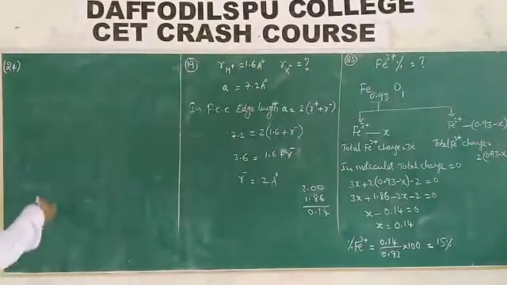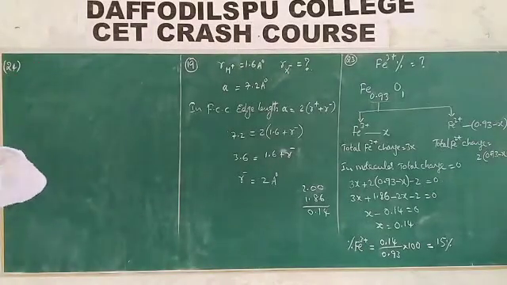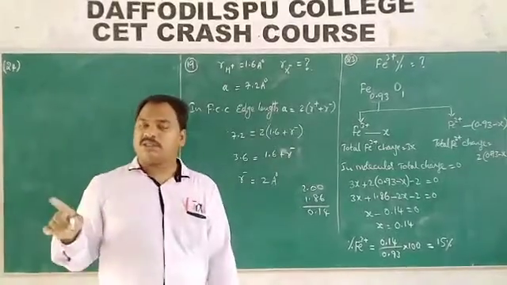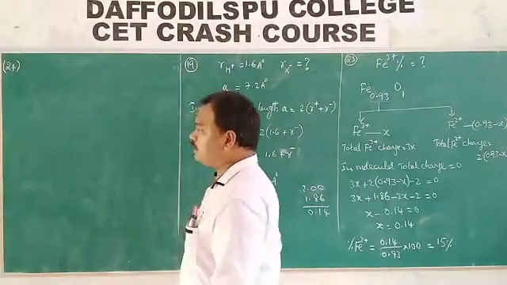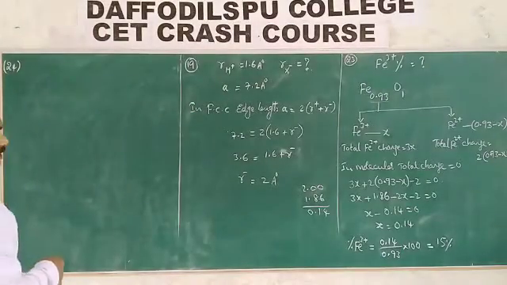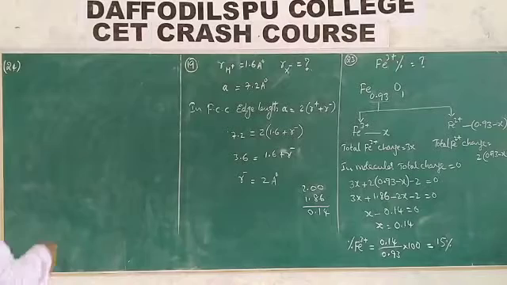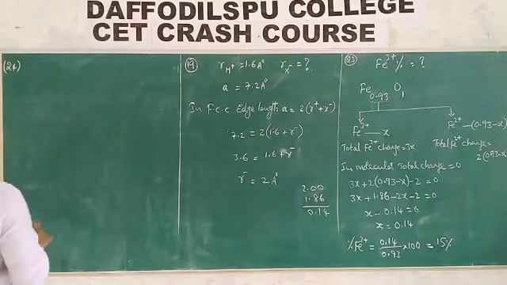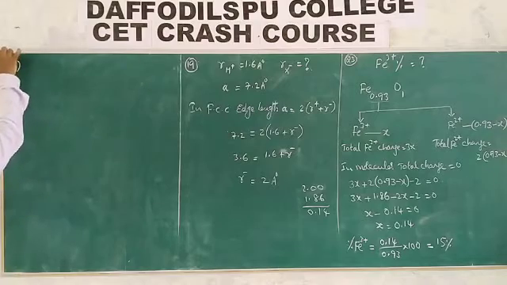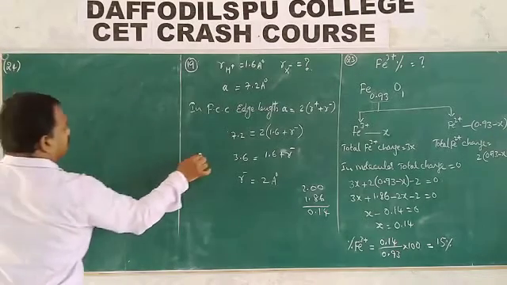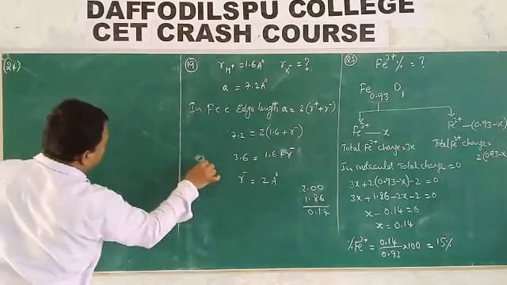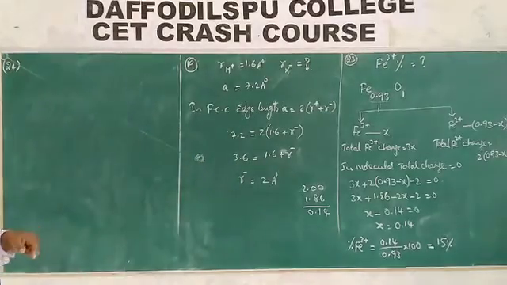They are asking the nearest neighboring distance. In case of FCC, the nearest atoms are the face diagonal atoms, that is, corner atoms and face center atoms. So this corner atom and this face diagonal atom are the nearest atoms in FCC.